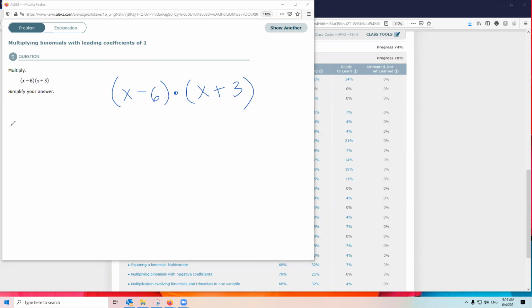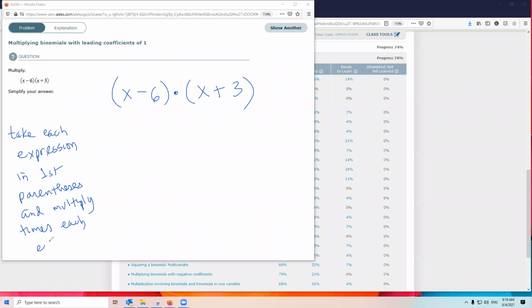What you do is you take each expression in the first parenthesis and multiply times each expression in the second parenthesis. Then in the end, we'll try to combine like terms if possible.